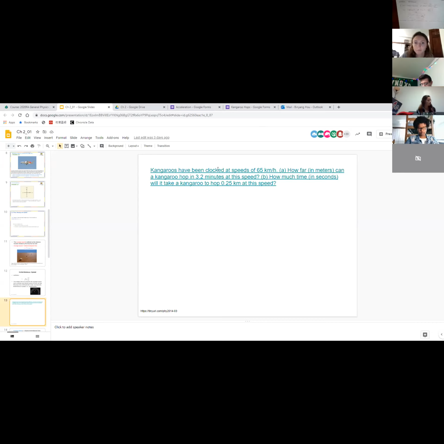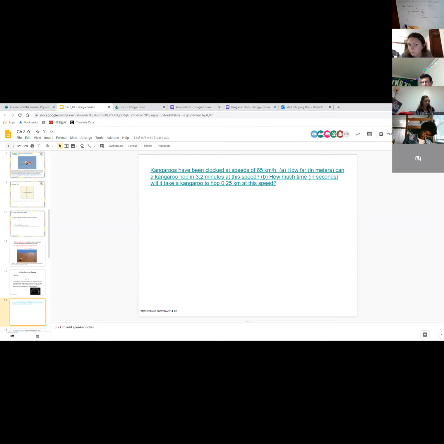Now, we'll be playing with the equation that we just learned. In this case, you'll be using velocity equals distance divided by t, or the speed equals that. v is the speed here, and we are looking for distance in part A, and in part B we'll be looking for time t.